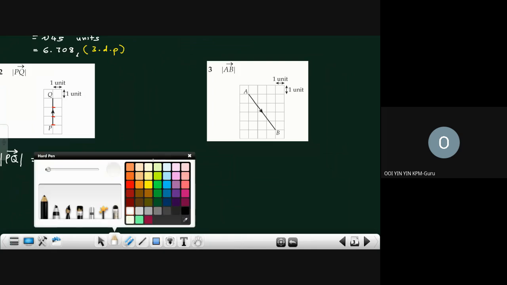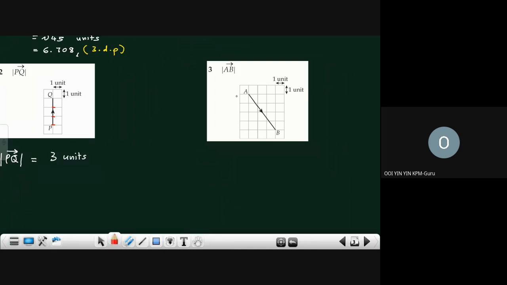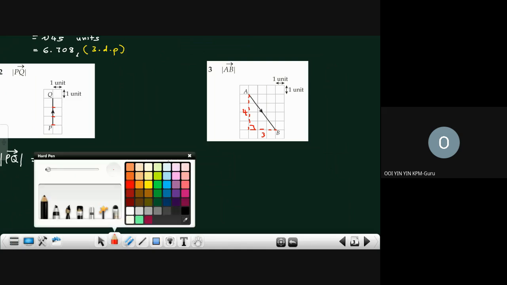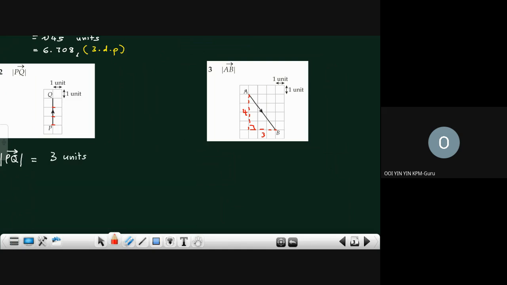As I told you, it is easy for you to identify. You can draw a triangle like this, 90 degrees here, and then here you count the unit, it is 3, and here you count the unit, it is 4. Now look at your arrow here, from where to where: starting from A, the initial, to your B, the terminal.